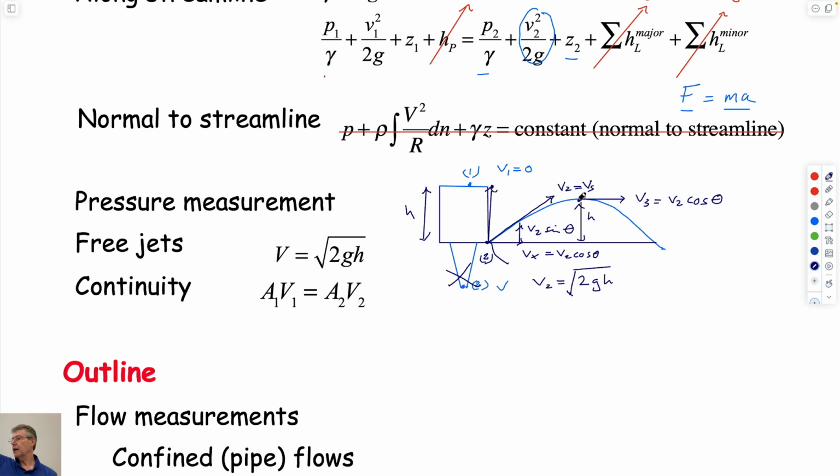This goes up to lowercase h, okay? This h is not the same. This is h3. This is h1. So it starts off at h3, and it drops. The time it takes to drop this height z, you can calculate from your statics equations. And if you know how long it takes to get down, you know how long it takes to get to this point here.